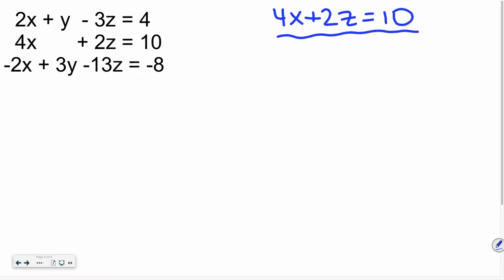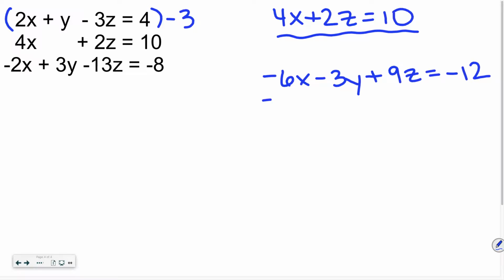And then if I'm going to eliminate y in the first and third, we would have to multiply that first one by negative 3. Do you agree? Okay.